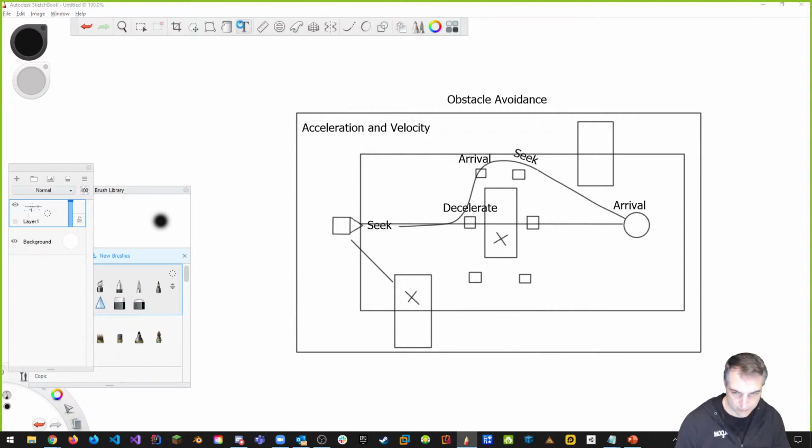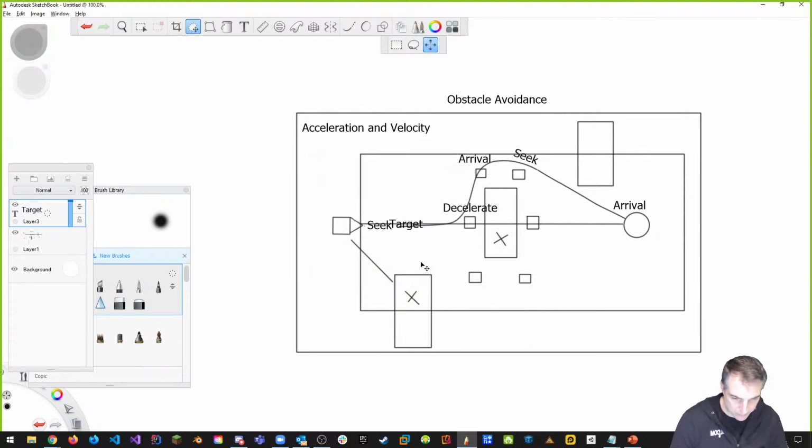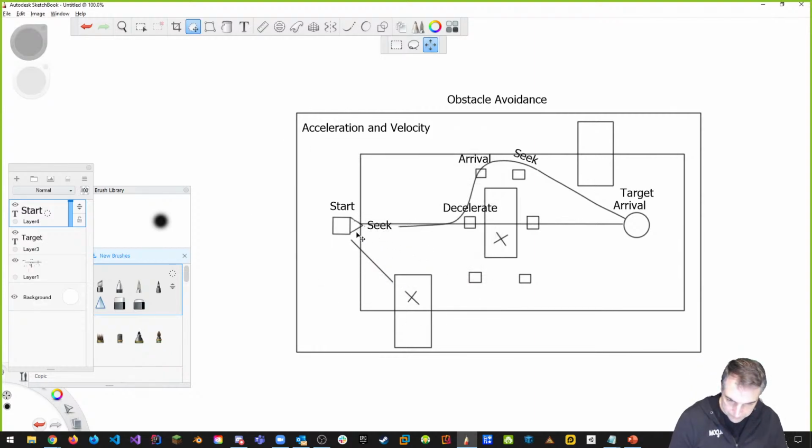Here's my target, instead of casting many rays. Here's my target, and this is my source, my start, and I want to seek the target. Are there any shapes that I'm colliding with, this big shape for example, that is closer to the target, that I'm also colliding with a single ray that casts from the nose of my ship?